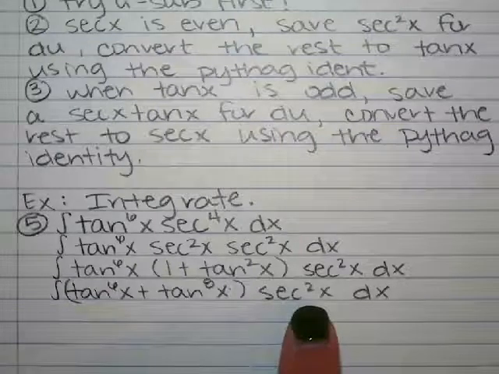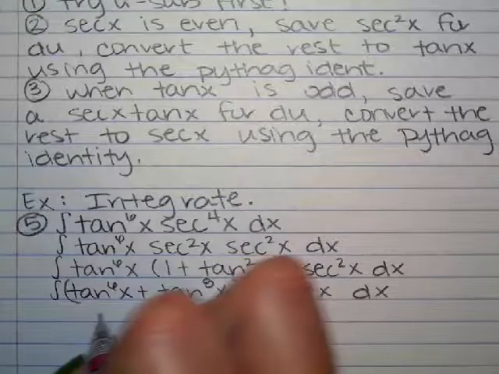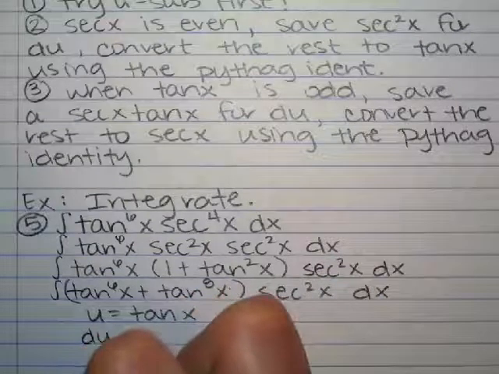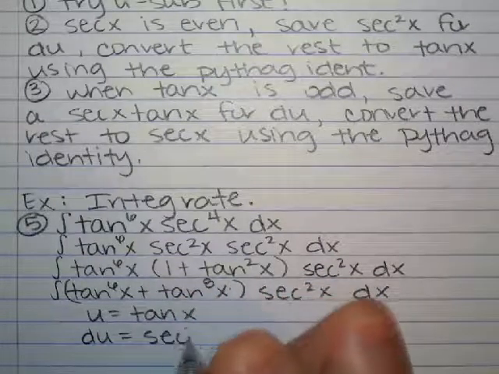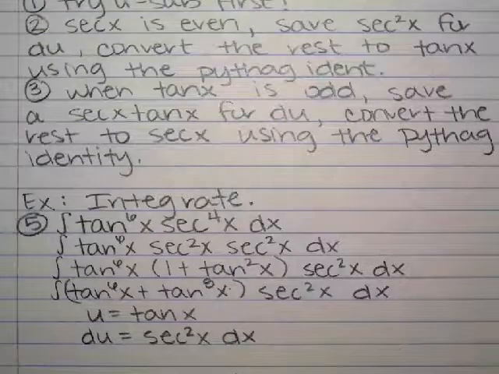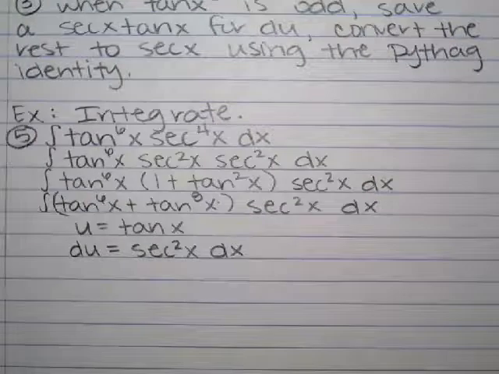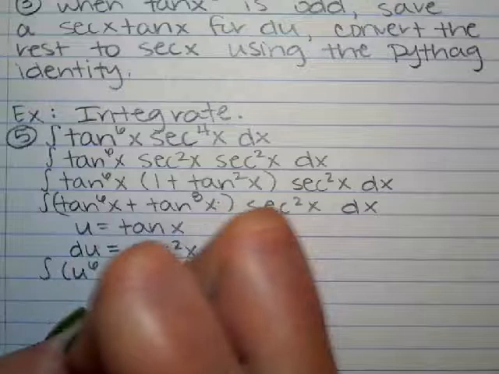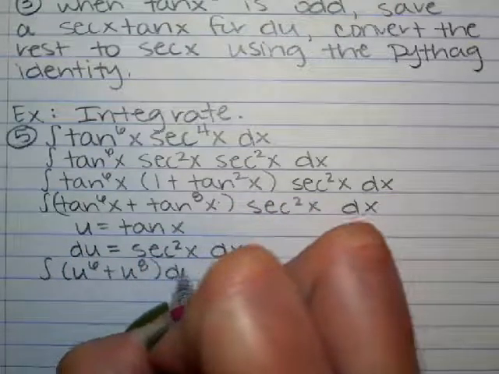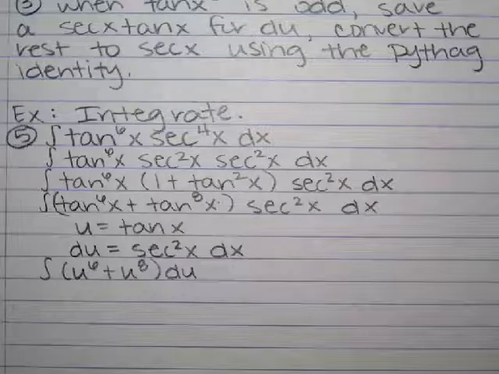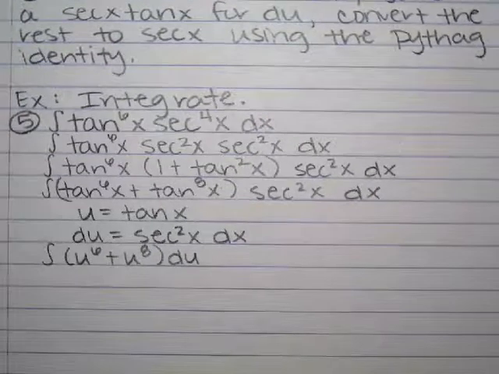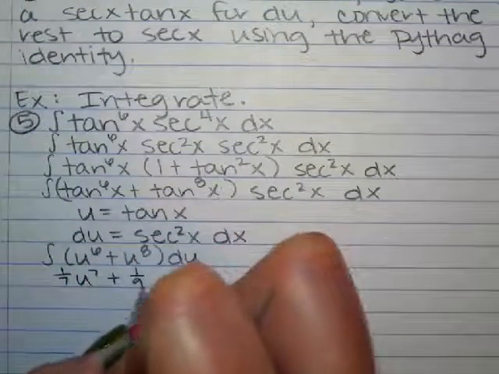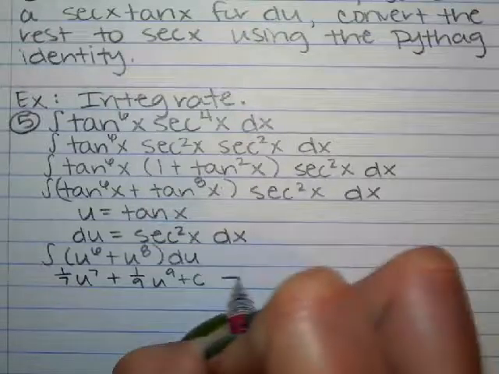So u is tangent, derivative is secant squared. So how should I rewrite the problem? Okay, and if I take the u's and replace them with tans, what do I get?